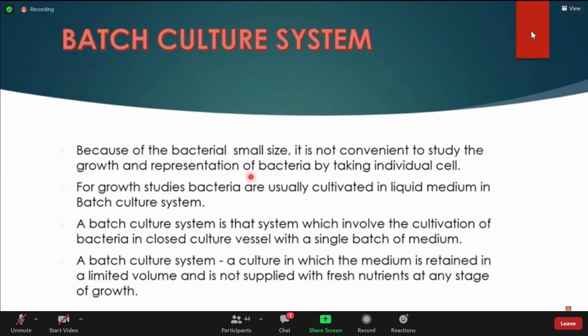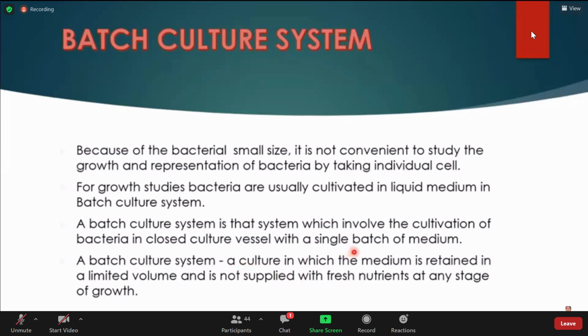So we inoculate the bacteria in a liquid medium, and that liquid medium containing a little amount of bacteria is considered a batch culture system. It involves cultivating bacteria in a closed culture vessel with a single batch of medium.